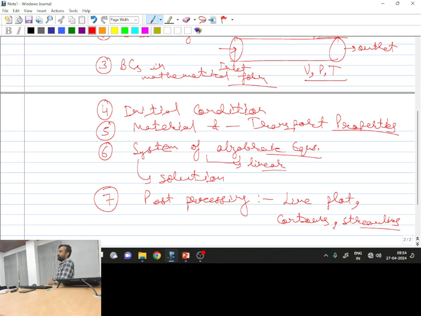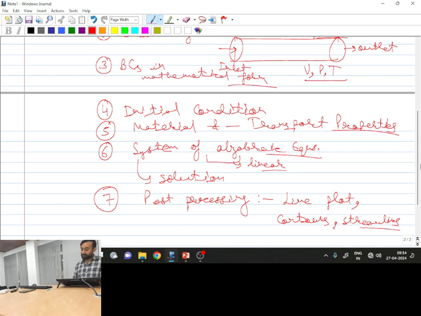For example, in an experiment, if you use a pitot tube at a particular location in the pipe, you will get velocity only at that location. But once you simultaneously solve the system of equations, you will know the velocity at almost every point within the domain. That is the major advantage of numerical simulation. You will have the solution for all the parameters at each and every point, so you can calculate all the derived parameters.